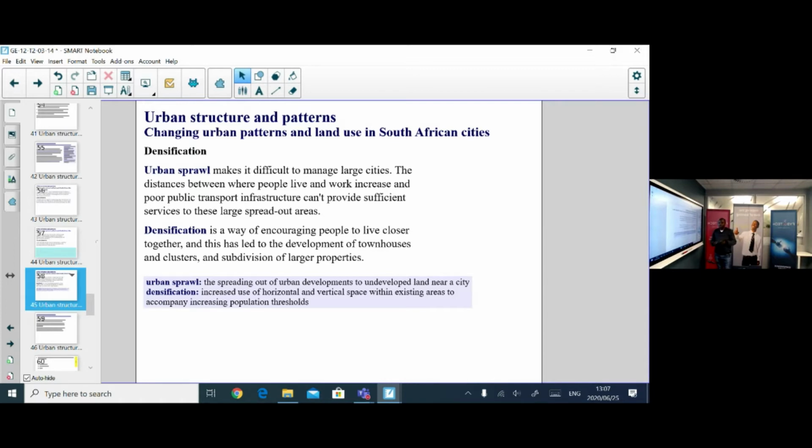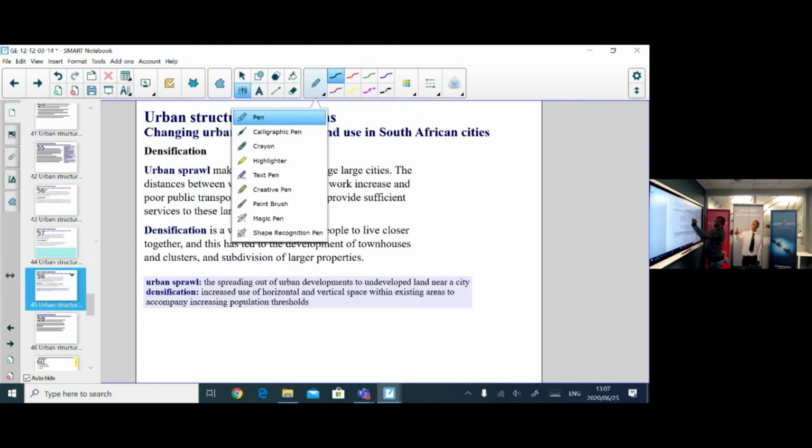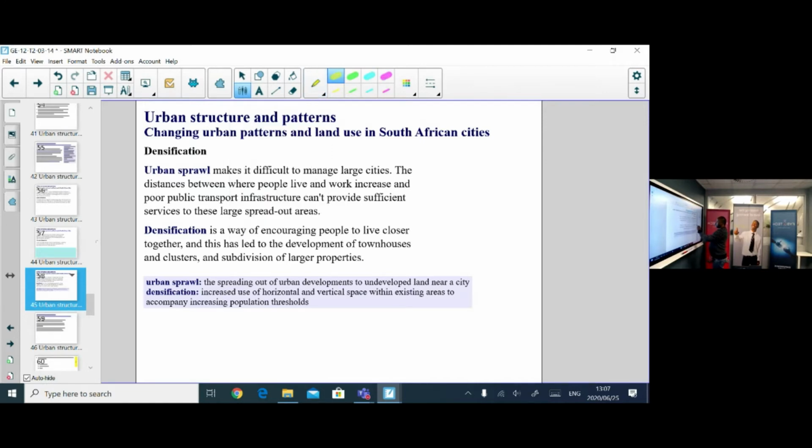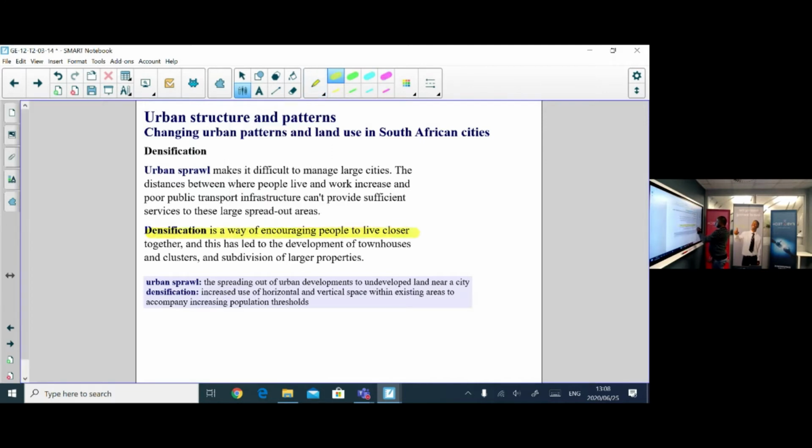But I think we all know that we're in the era of COVID, and the concept of densifying residential areas, or this densification, is going to prove to be very problematic because now people have to live far from each other.